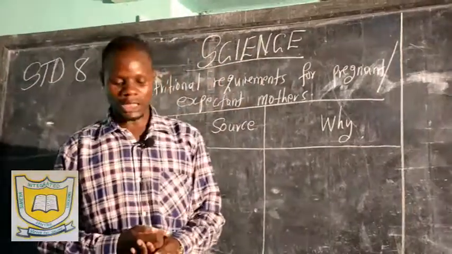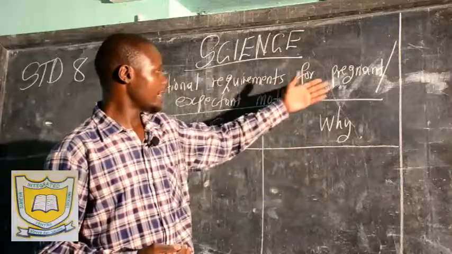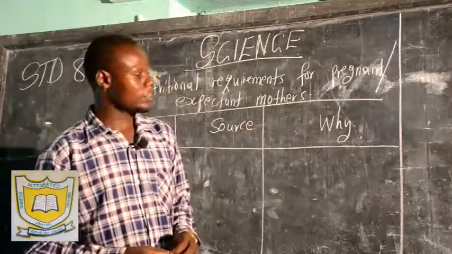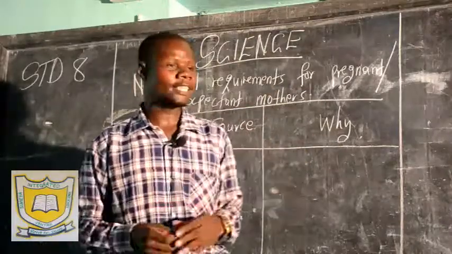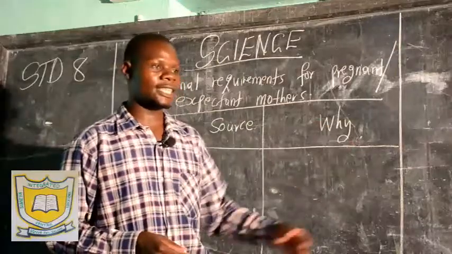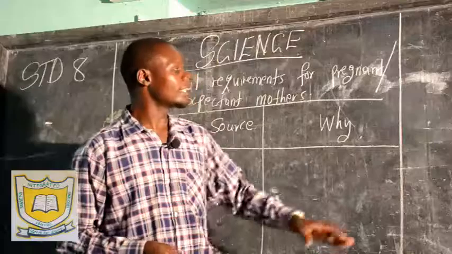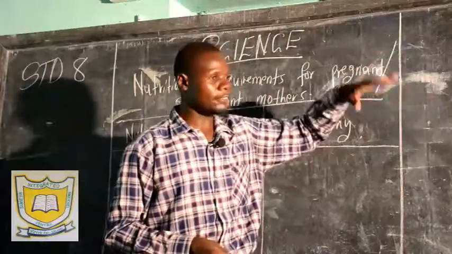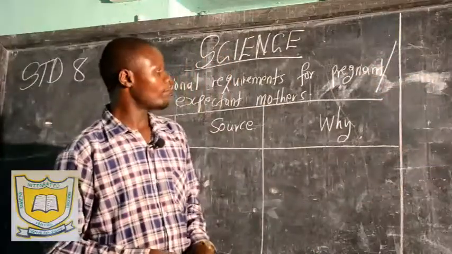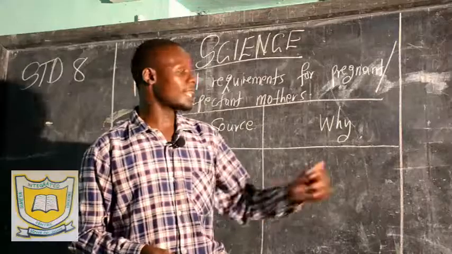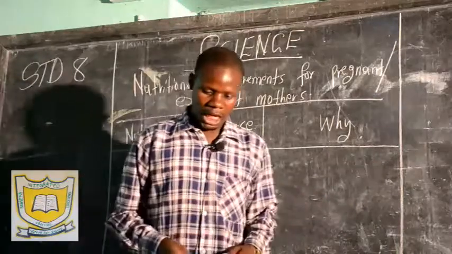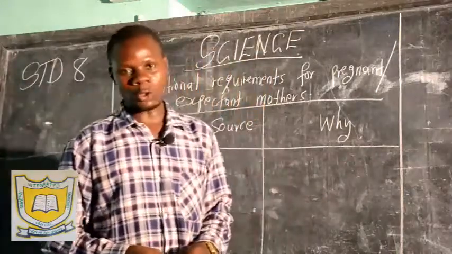From our first unit, you discussed pregnant mothers and the process of fetal development. When the mother conceives, fertilization takes place in the oviduct, where the ovum and the sperm cell unite to form the zygote.